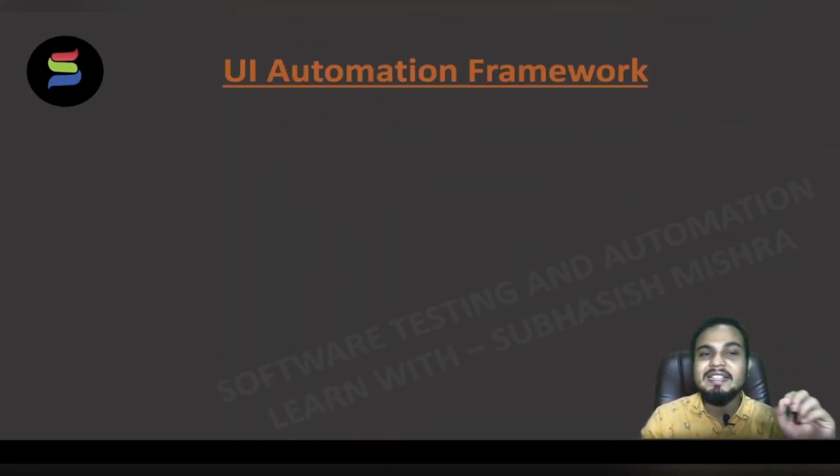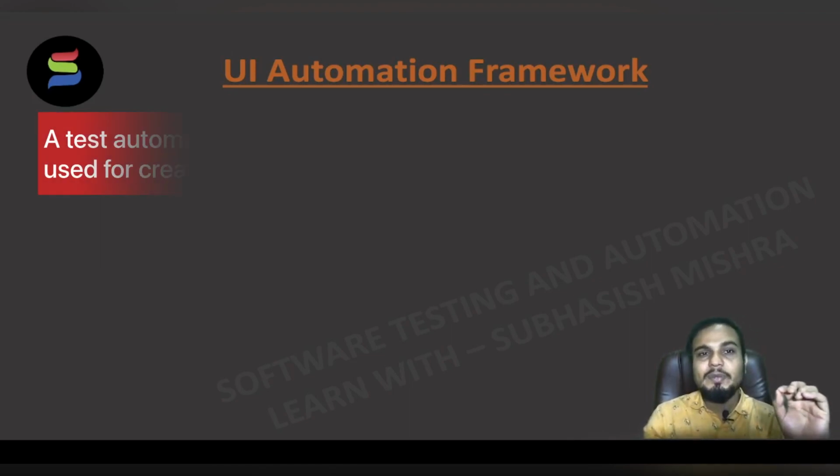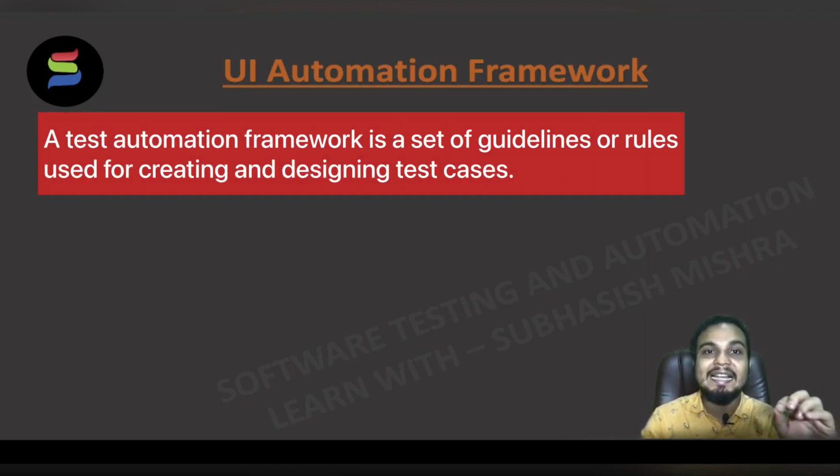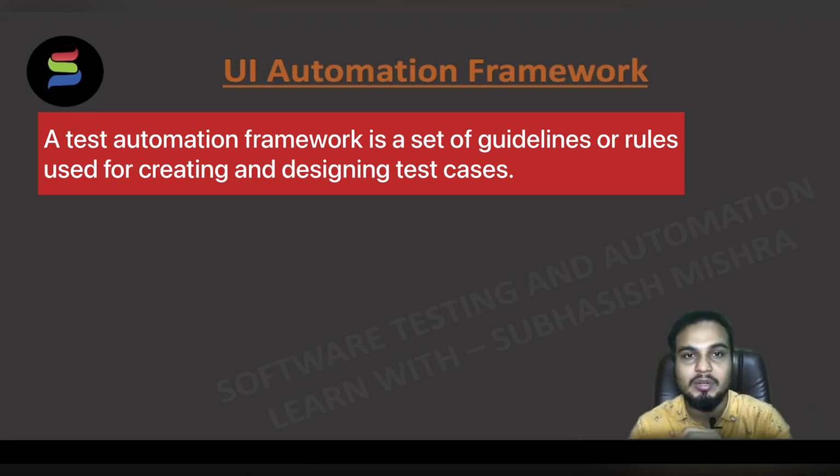First, we will understand what a framework is. A test automation framework is a set of guidelines or rules used for creating and designing test cases. Whenever you are creating a framework, you are defining your own rule or guideline and following that.